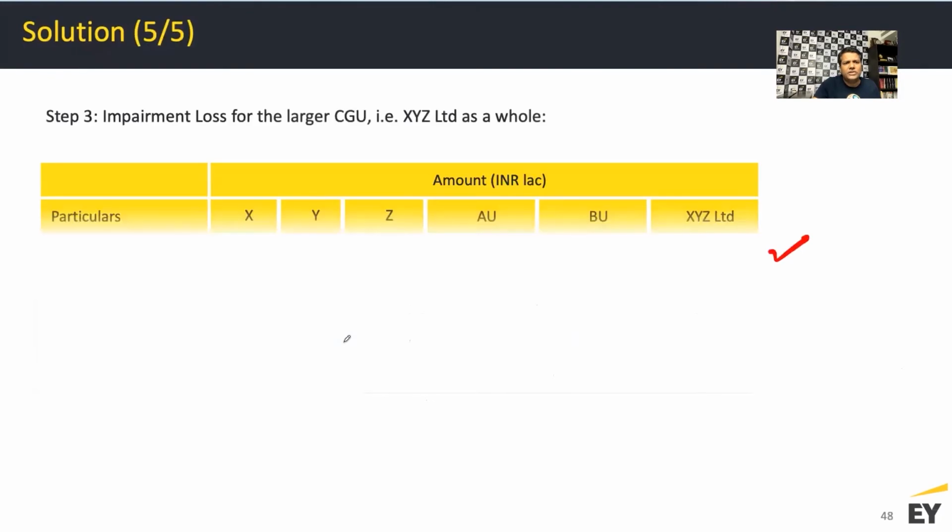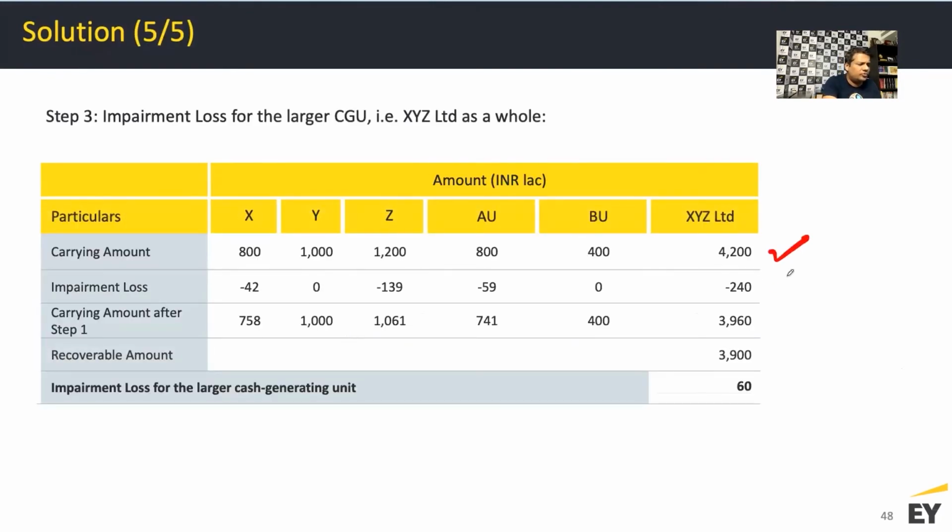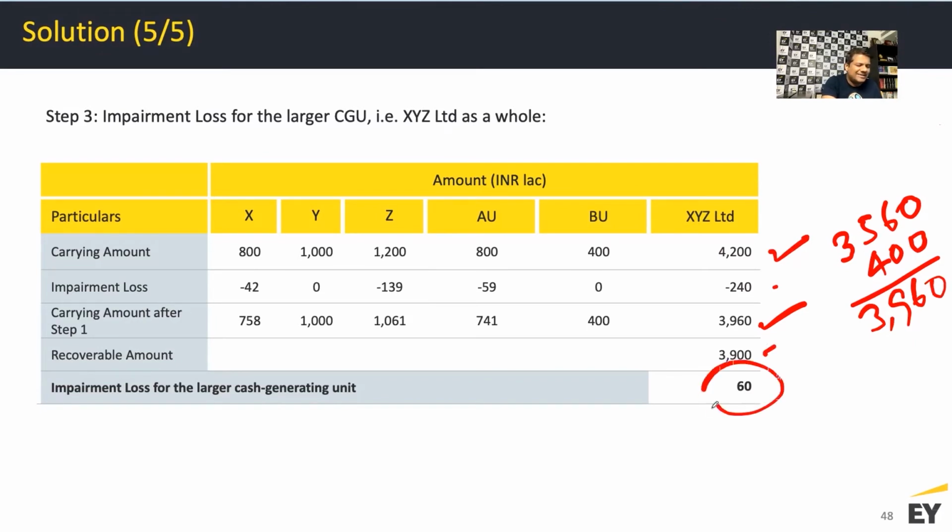My revised carrying value is 3560 plus 400, which gives a revised carrying value of 3960. My recoverable amount was 3900, which is again given information. This 60 is the additional impairment loss I need to record.